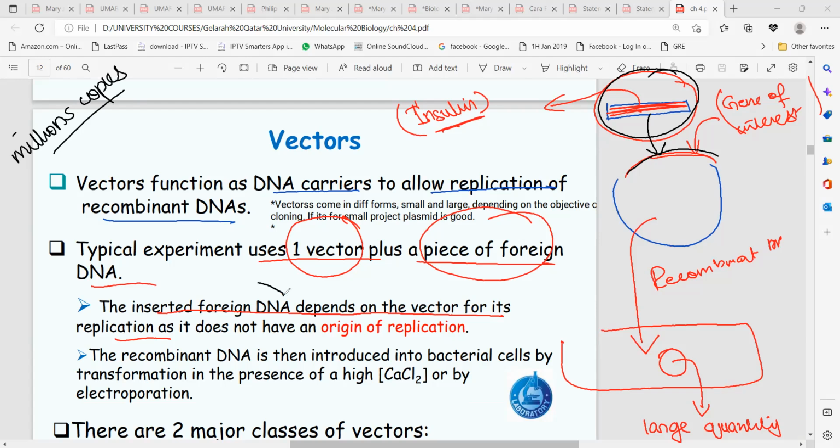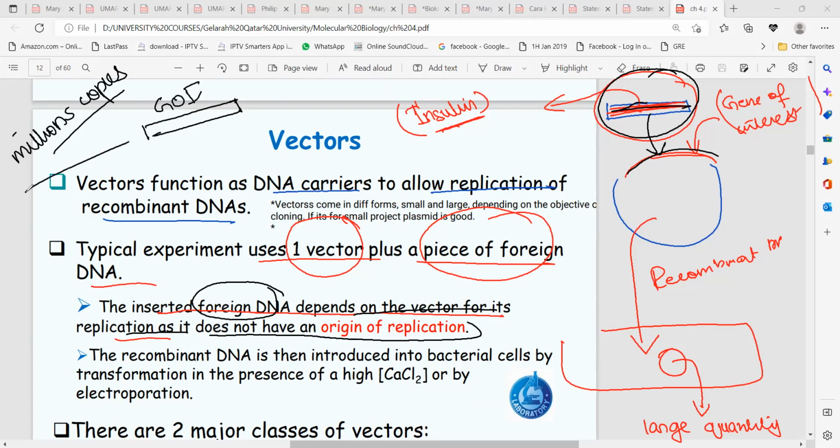So the inserted foreign DNA depends on the vector for its replication, as it does not have an origin of replication. The origin of replication is where replication starts. Normally DNA has an origin of replication, ORI, and it is recognized by DNA polymerase, and as a result, DNA is replicated.